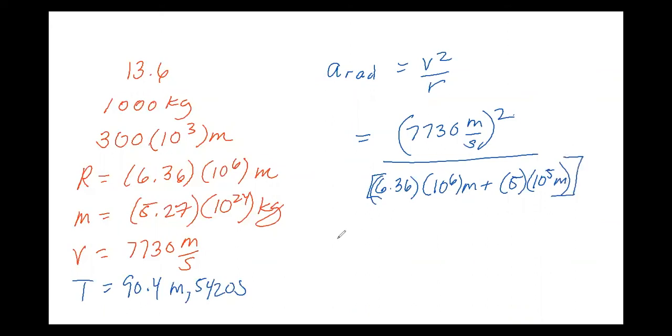And our value for that radial acceleration is going to be 8.96 meters per second squared. And that must be the gravity up there.